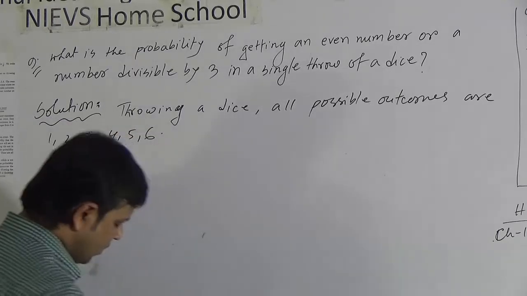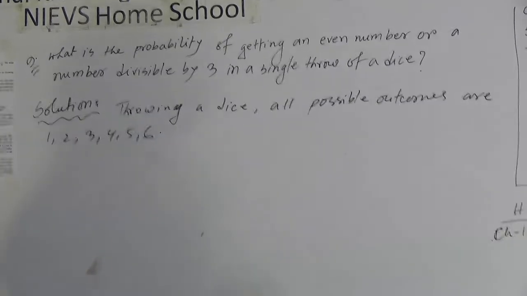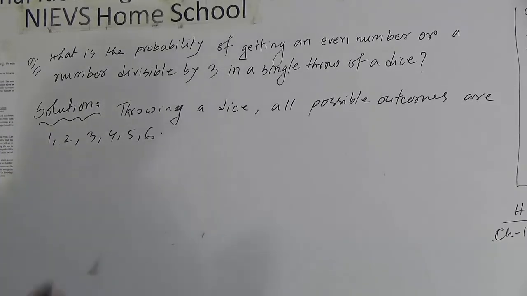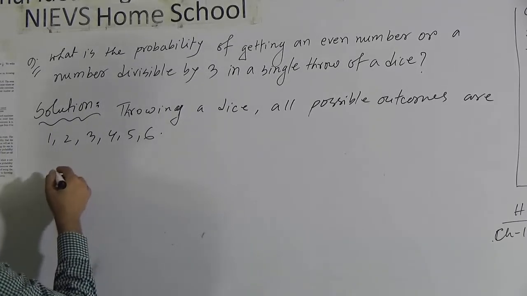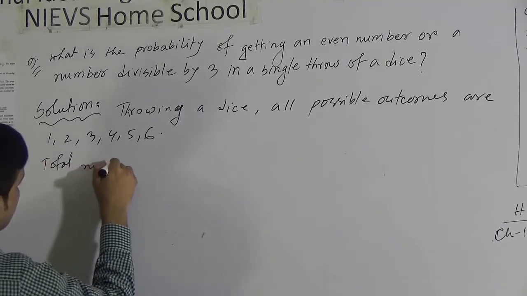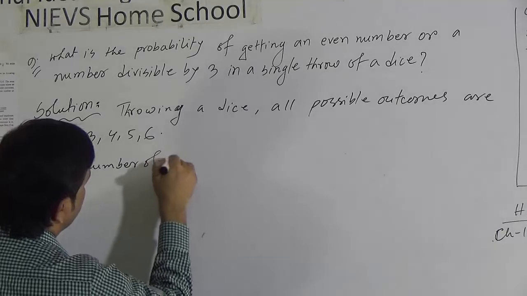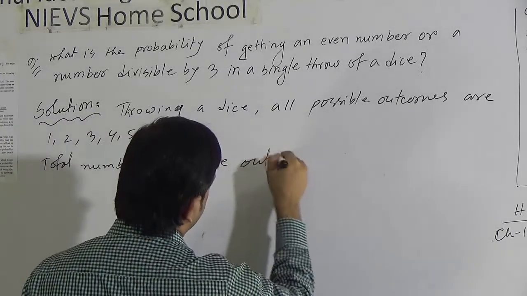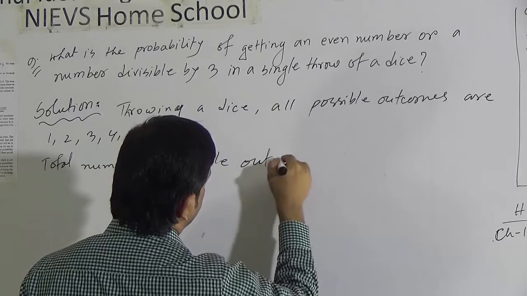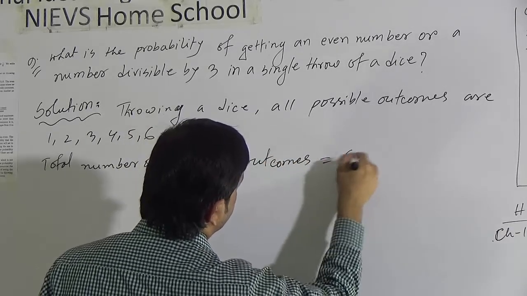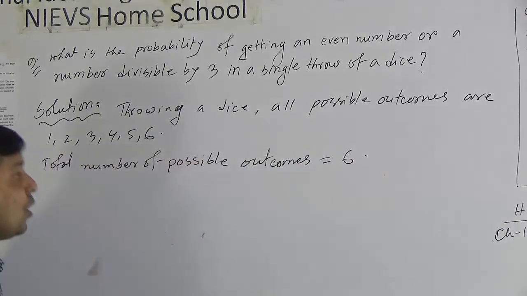These are all possible outcomes when we throw a dice. So the total number of possible outcomes is equal to 6.